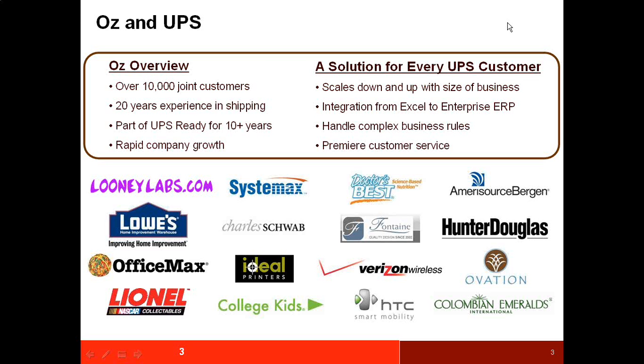But if a company ships with UPS, there's a tool set that OzLINK has that can help improve that experience. More recently, earlier this year, we were promoted to the UPS Ready Strategic level. That's a technology partnership program that UPS has for their most select technology partners. There's a handful that achieve that strategic level, and we're really proud to achieve that earlier this year.